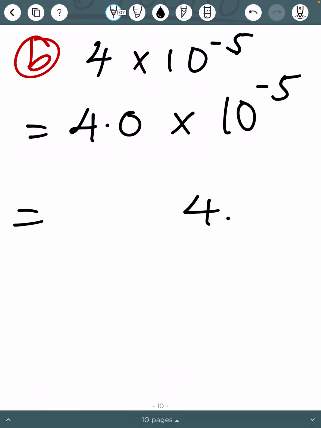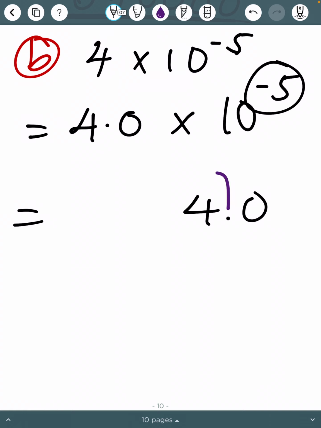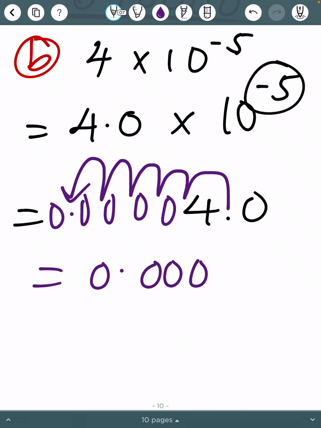I'll write my 4.0 and count the power, 5, but I'll move the decimal backwards 5 times. 1, 2, 3, 4, 5. I'll now fill all these gaps with 0. So my answer will be 0.00004. That's the same thing as 4 times 10 raised to power minus 5.